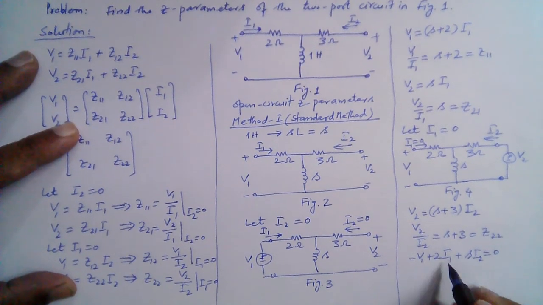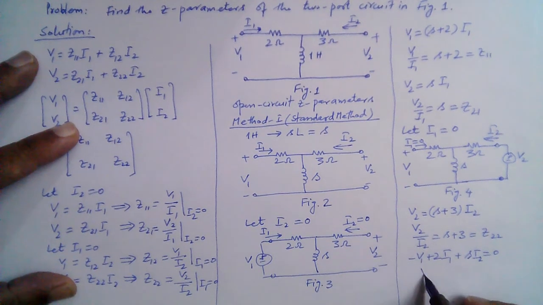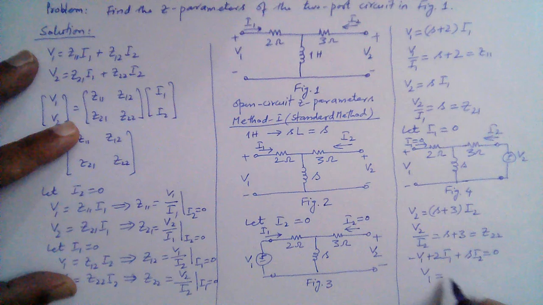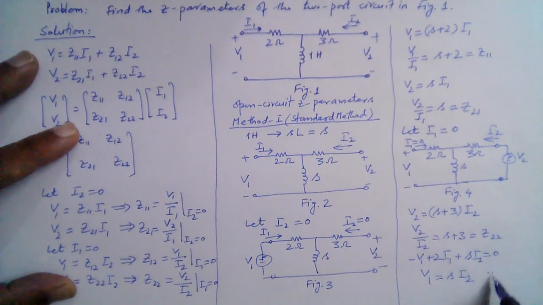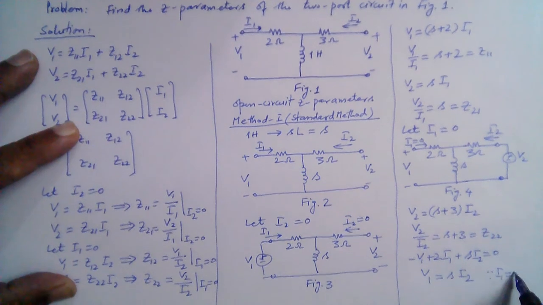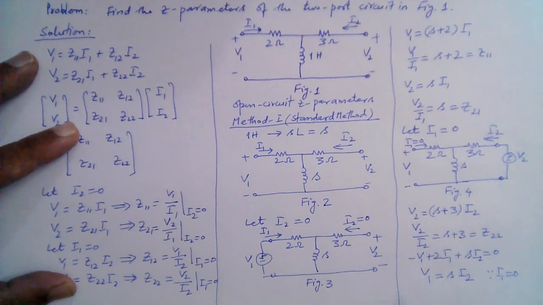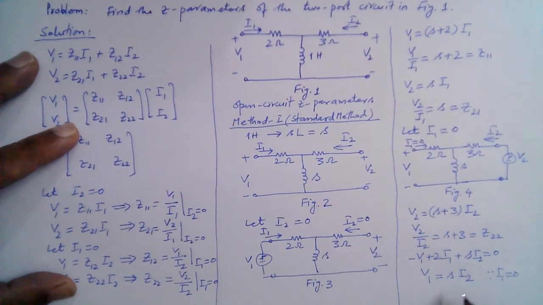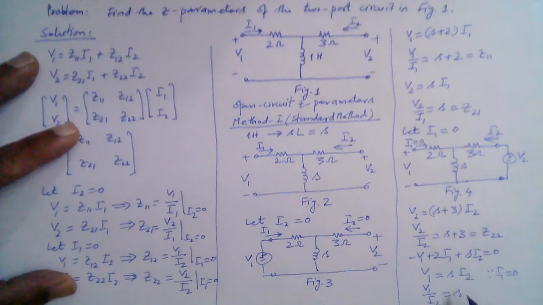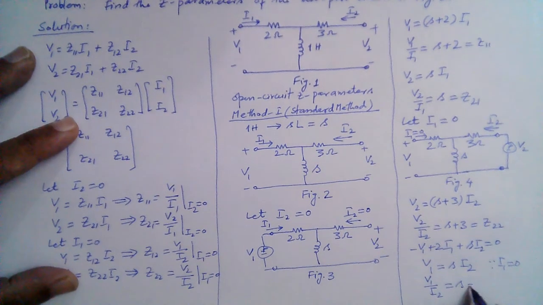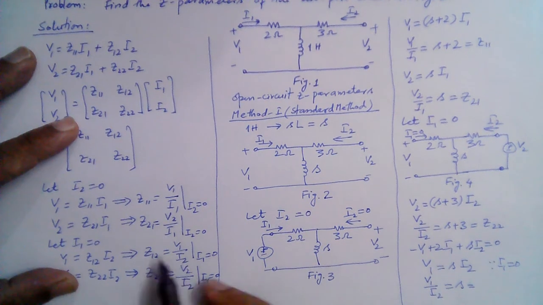I1 is 0, so this term is 0. This means V1 is equal to S I2, because I1 is equal to 0. So V1 divided by I2 is equal to S, and V1 divided by I2 is equal to Z12.